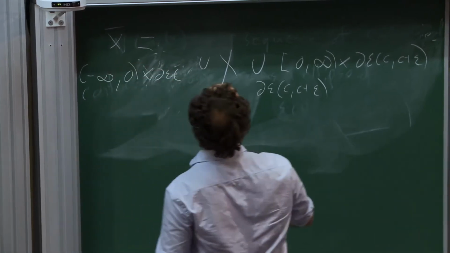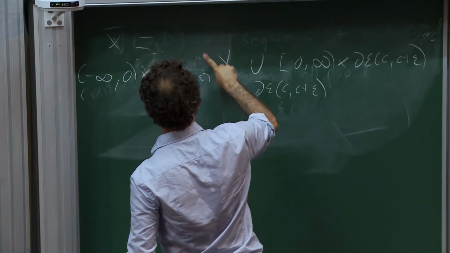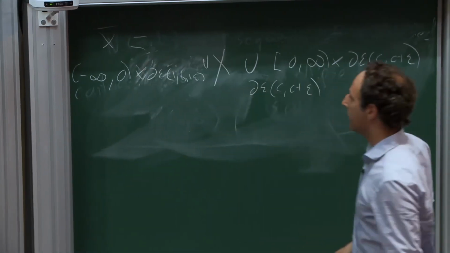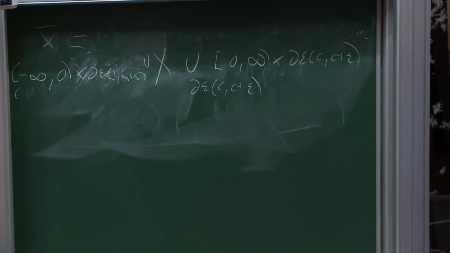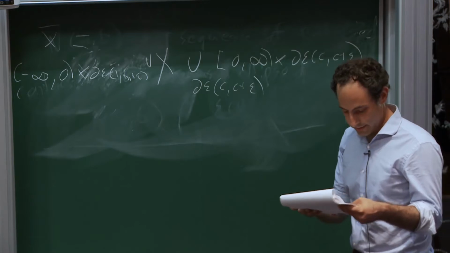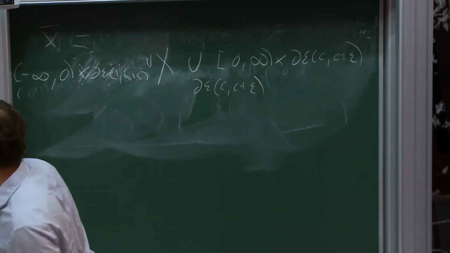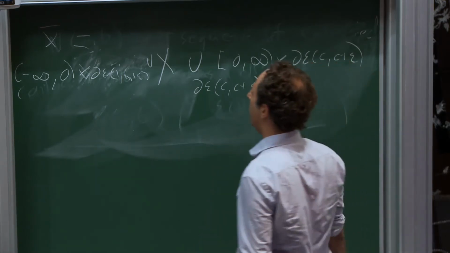Does that make sense? You take this thing and you add an end to the top and an end to the bottom. This is a pretty standard thing in this story. So the curve lives in X bar.